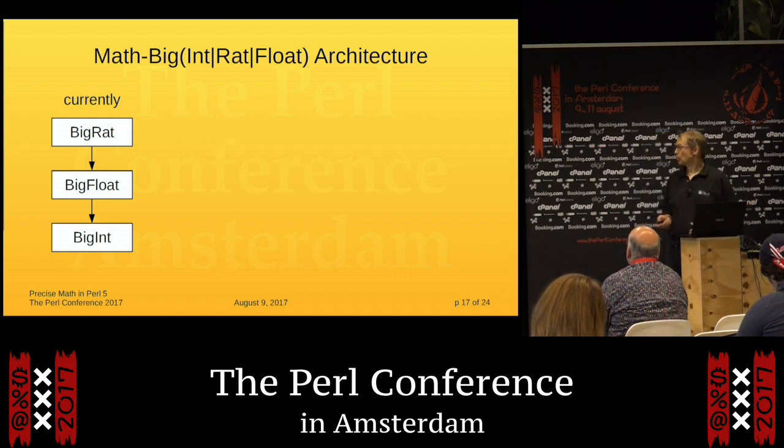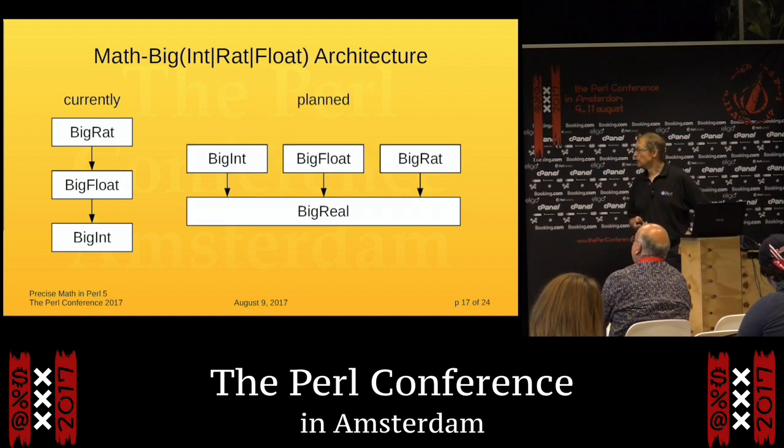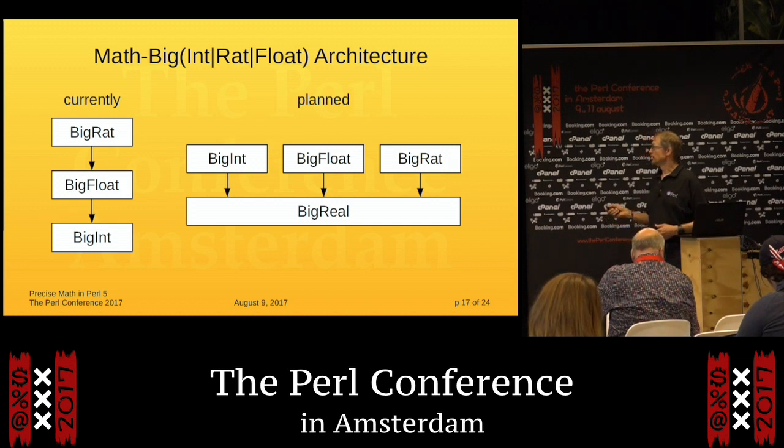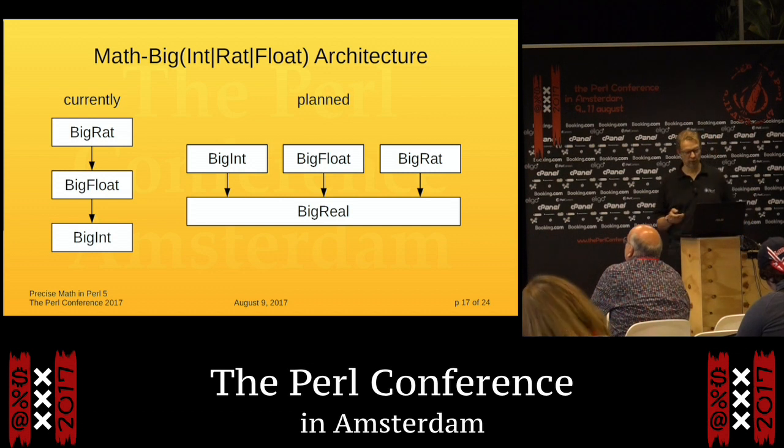And more logical would maybe be the other way around, or Peter intends to refactor it into such a structure. We have common code and 3 different modules that inherit from that. That will be easier to maintain.